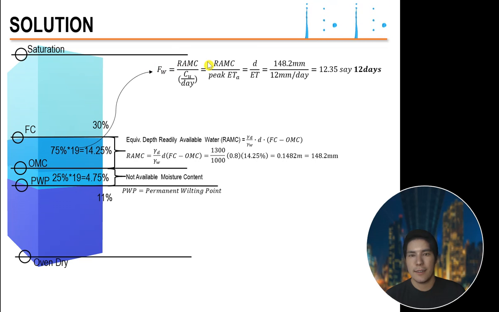So we have this readily available moisture content divided by the consumptive use. So we have calculated 148.2 mm for equivalent depth of readily available water divided by the consumptive use, which is 12 mm per day. So bali meron tayong 12.35. So say 12 days tayo mag-irrigate, na every 12 days.